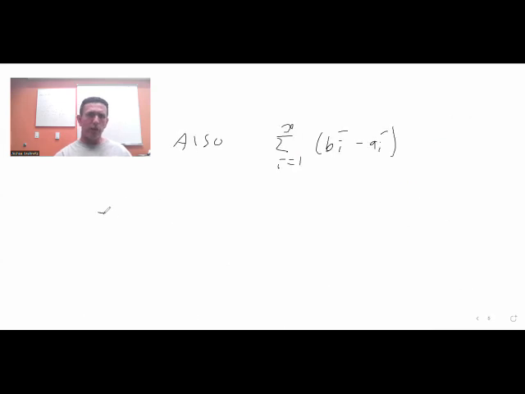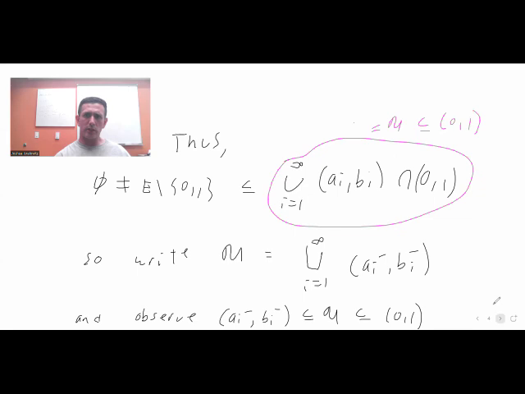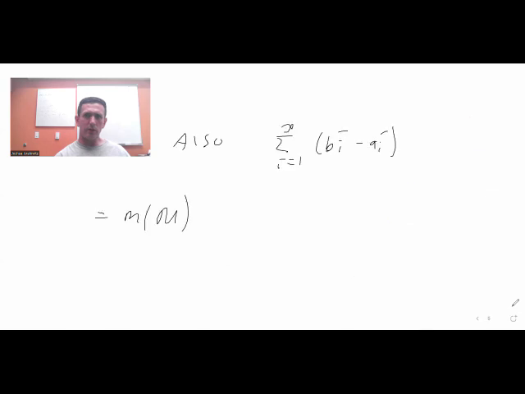Okay. So this is the measure of U because these are disjoint. Well, U is this union here.